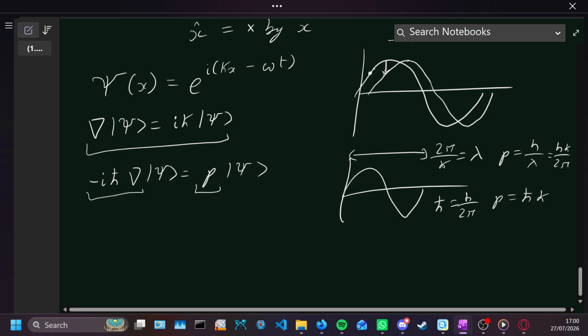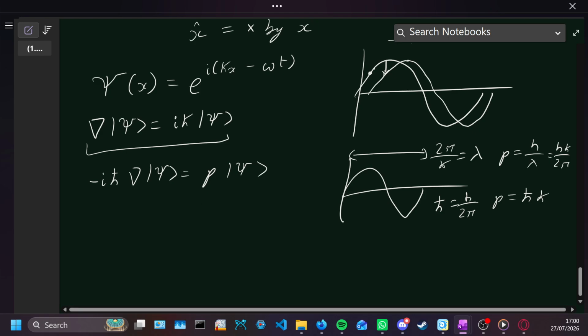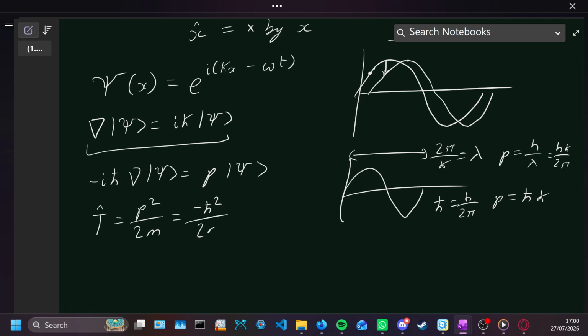This is an operator which we're applying to our ket, and then p here is the observable we're trying to measure, and it's just a constant we're multiplying by. Anyways, from this we can derive the kinetic energy operator, because kinetic energy is equal to p squared over 2m, and so that's equal to negative h bar squared over 2m multiplied by nabla squared. So this has now become a second derivative.